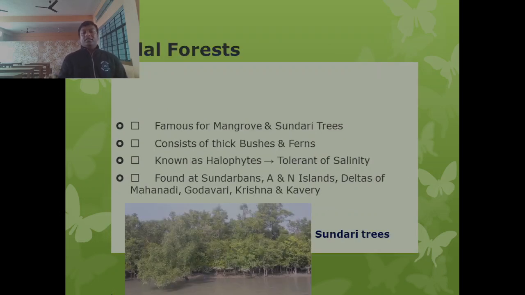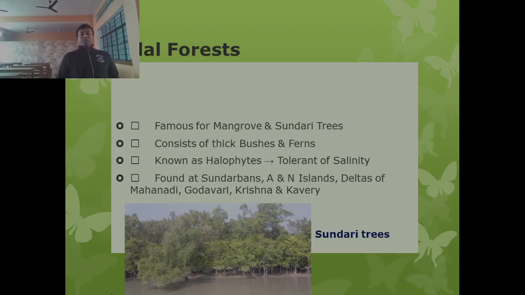Now tidal forest. As all of you know, we have the world's largest delta area, and since from north to south we have so many rivers flowing, due to this we have many delta regions. In that region we have littoral forest, or you can say tidal forest, or mangrove forest.